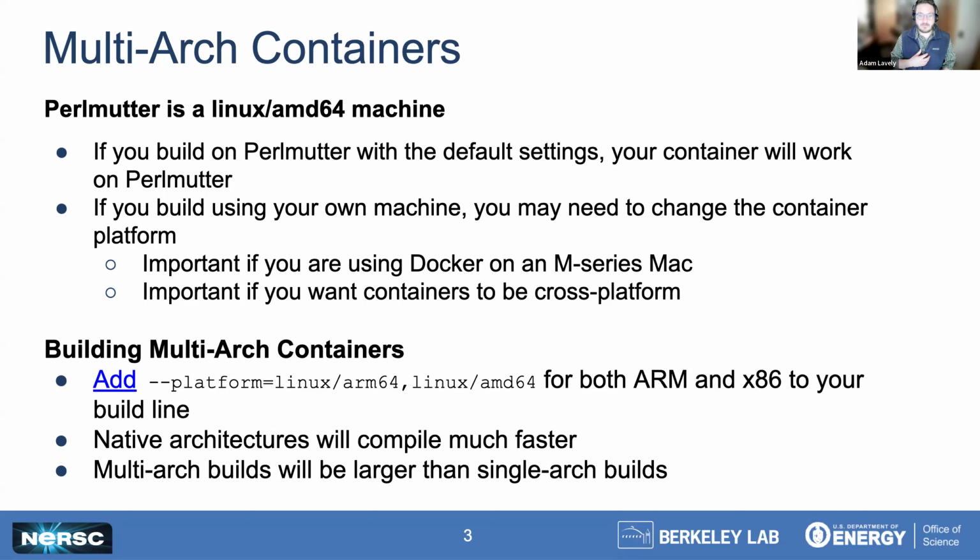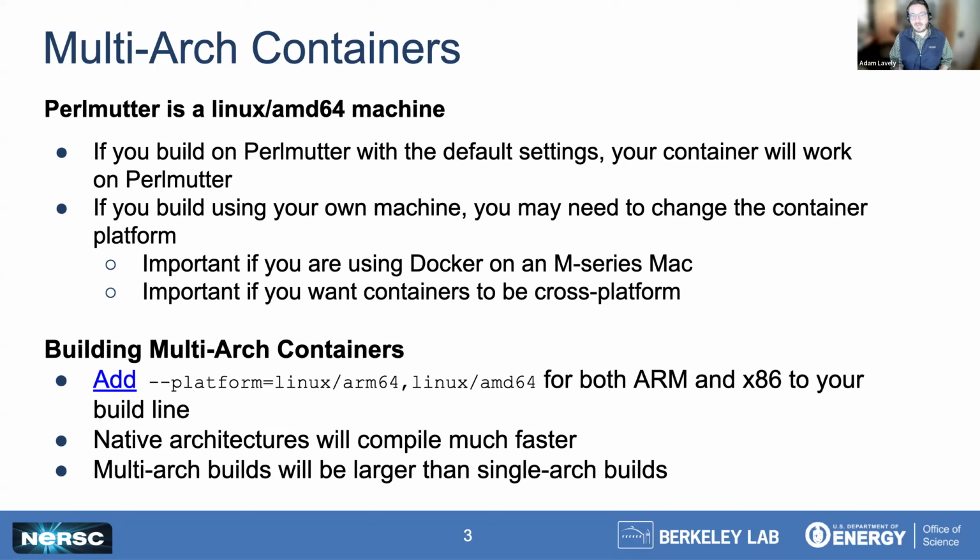So it's slightly faster for me to build with Podman HPC, push to a registry, and then pull back with Singularity on Perlmutter than it is to do the exact same steps building on my laptop. That's just because of the architecture difference and how fast the compile steps take.